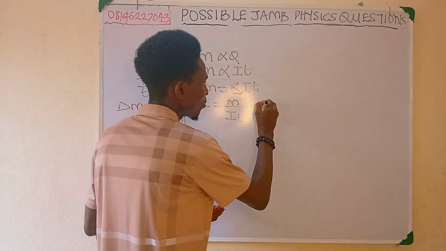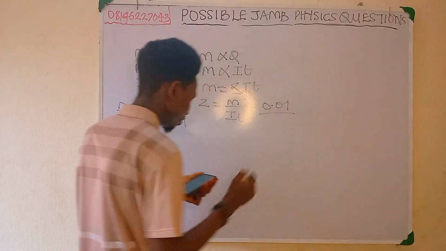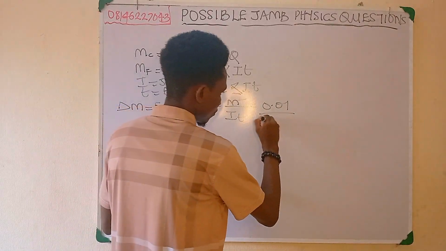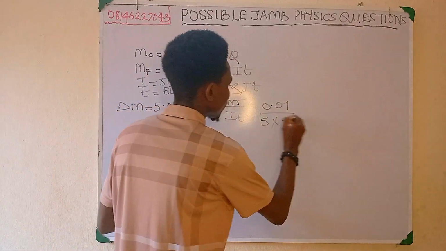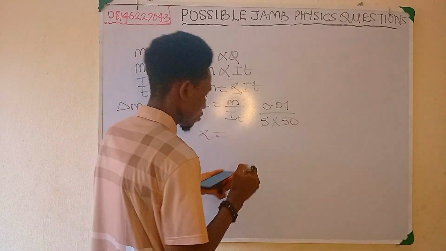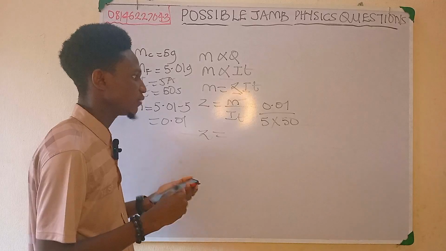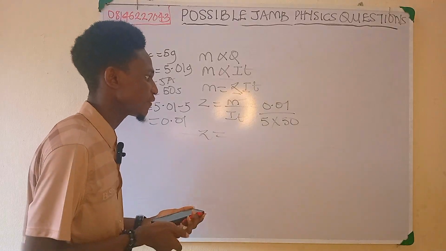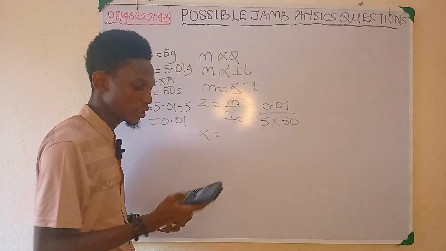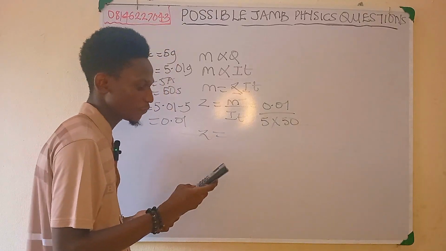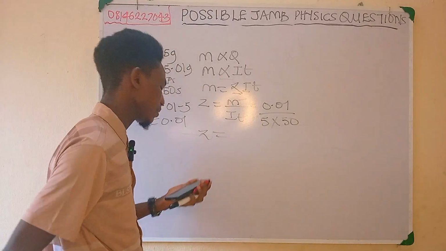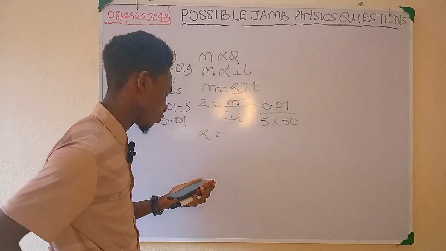So we have 0.01 divided by, what is current? Current is 5. What is time? Time is 50. So we have Z equals 0.01 divided by 250. 5 times 50 should give you 250. So quickly punch that on your calculator. You should have 0.01 divided by 250, which gives you 4 times 10 raised to power minus 5.